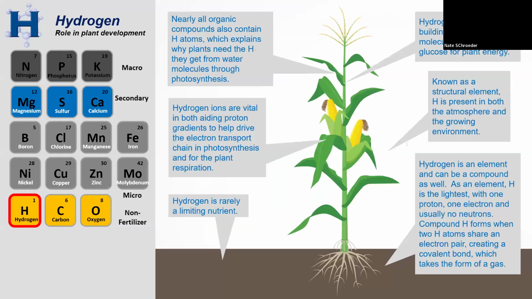We're seeing some guys moving it into more of their side dress applications or these other micro applications, moving that half gallon to gallon of zinc all the way through their V6, V8, V9 applications, with return both on tissue sampling results and final yield. So again, it's important to understand.